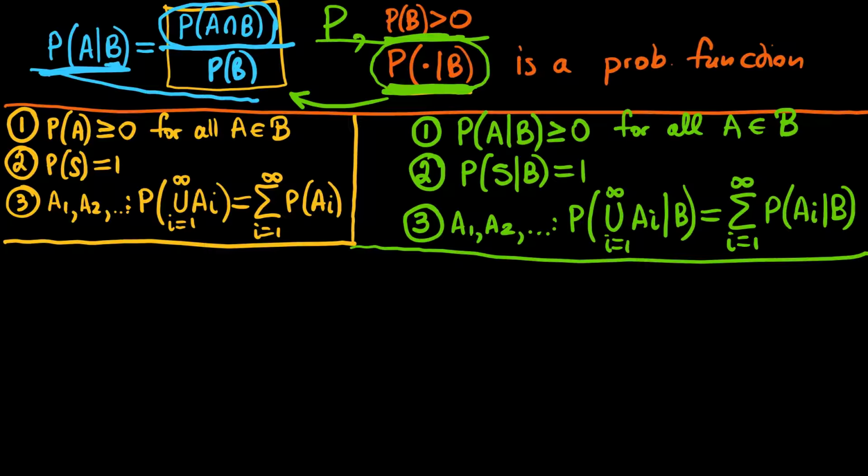Okay, so let's take them one at a time. So let's work on the first one. We want to show that the probability of A conditional on B is greater than or equal to 0. Okay, so let's see how we can unpack this.